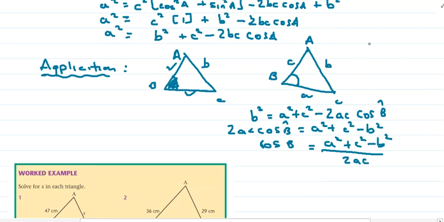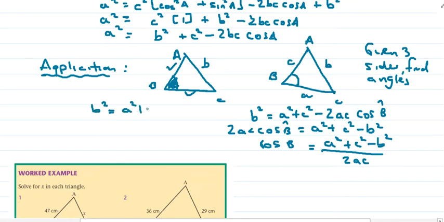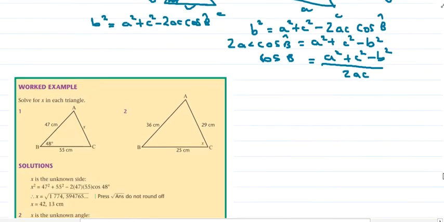So for this one, we are given three sides and we have to find the angles. We apply the cosine formula in this way. In this one, we've got two sides and the included angle, then we can say b squared is equal to a squared plus c squared minus 2ac cos angle B. You will get familiar with it with practice.